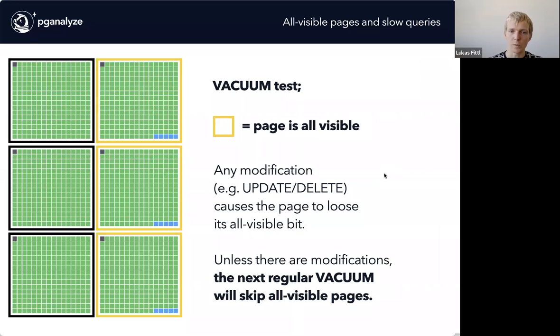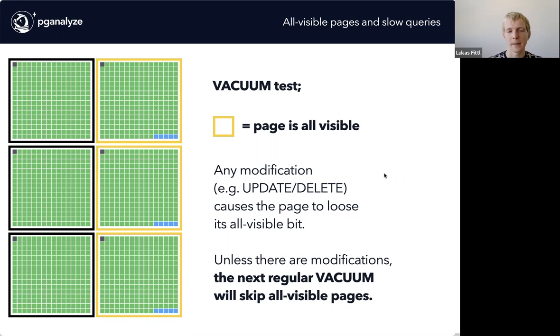Now Vacuum knows that the data in this table is visible to all current connections, so there's no connection or other object alive that is in the past before the data in this page. When you vacuum it and that is the case, the whole page is marked as all visible. If there's any modification, then that page loses the all visible bit. If you do any update that affects this page, it will blow away the all visible bit, and Vacuum will come around again and fix it.